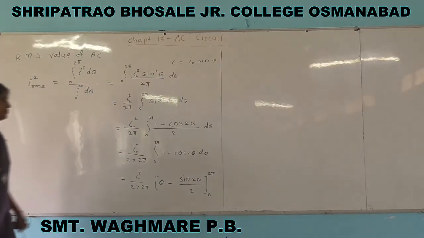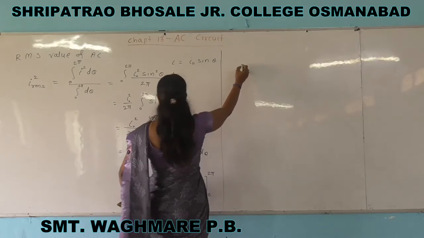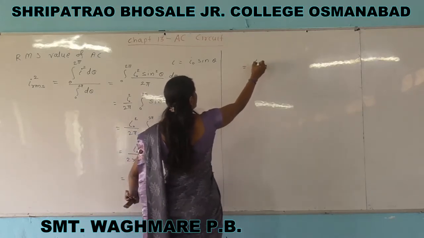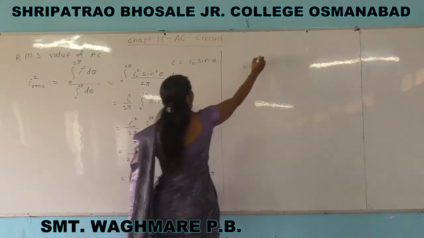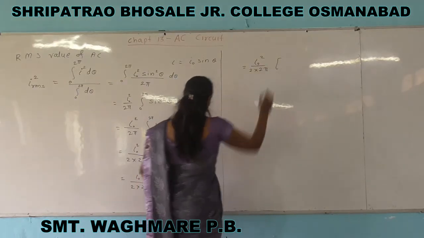Now we can put the values in this equation. I naught square into 2 pi will remain the same theta.